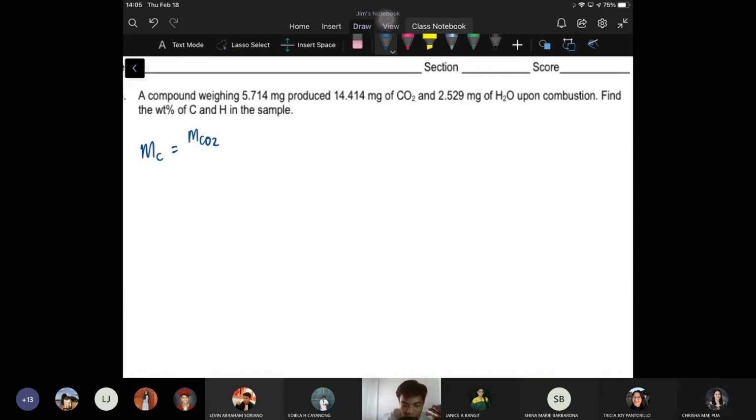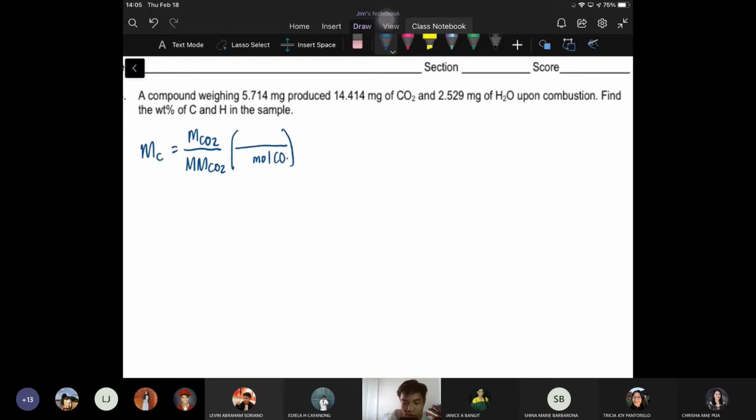So, mass CO2 divided by the molar mass of CO2 will give us the moles of CO2. So, this fraction is the moles of CO2. What's next? Once you have the moles of CO2, you are going to convert that to moles of carbon. Okay? So, how? It's a stoichiometric factor.